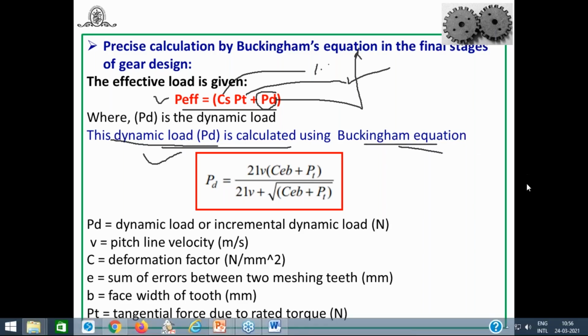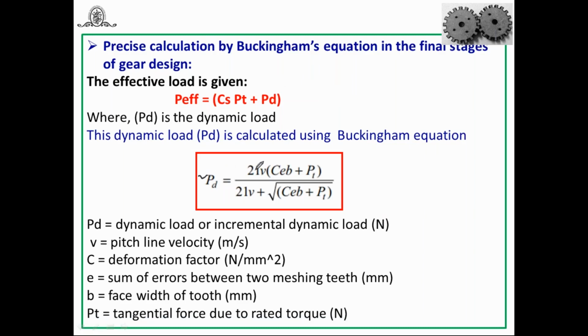For this purpose, we have to use this equation: PD is equal to 21V into (C E B plus PT) upon 21V plus the square root of (C E B plus PT). This is the equation to determine dynamic load by using Buckingham's equation.